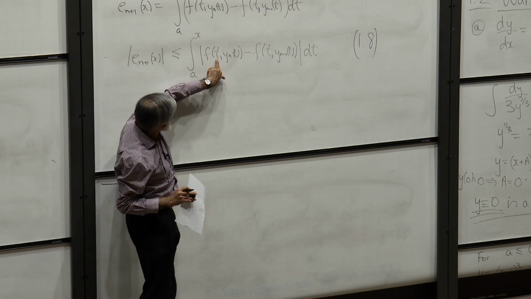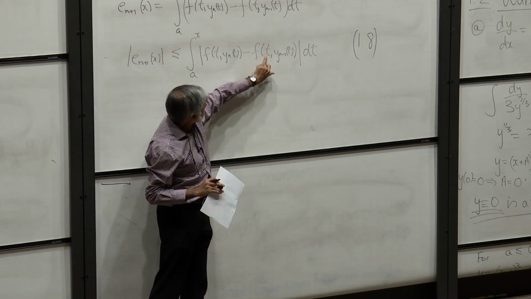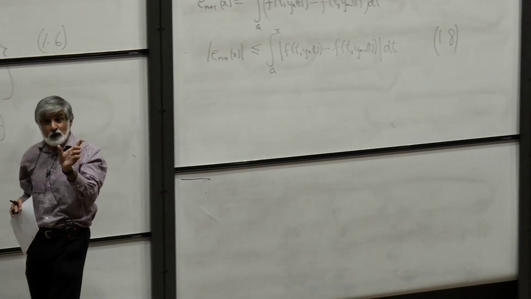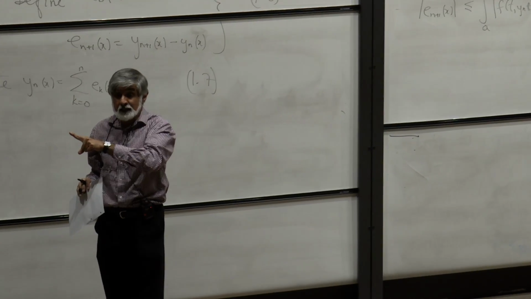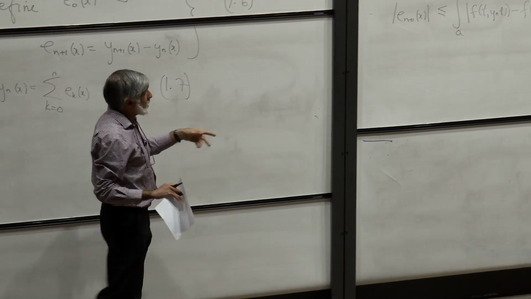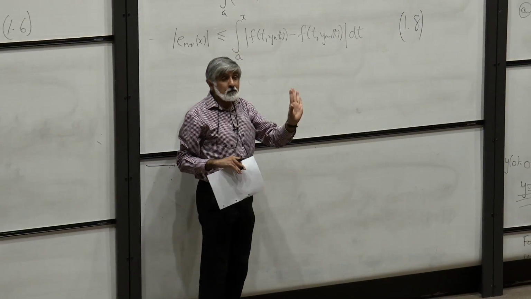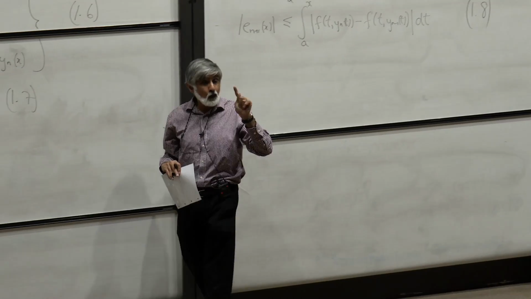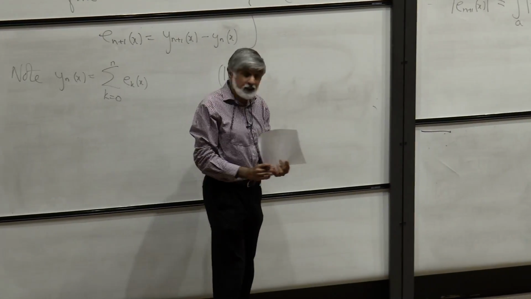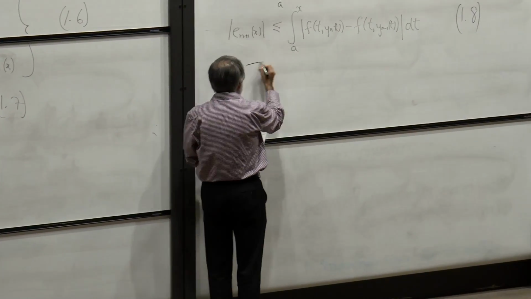So it would be nice if we could relate f of t y_n and f of t y_{n-1} to something to do with y_n and y_{n-1}, because that would give us an e. In particular, it'd be really nice if we could say this thing here was bounded by something times y_n minus y_{n-1}. And that's exactly what the next condition is. It's called the Lipschitz condition.